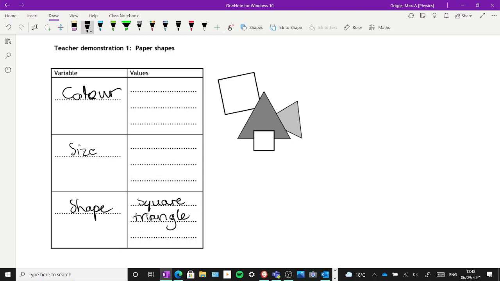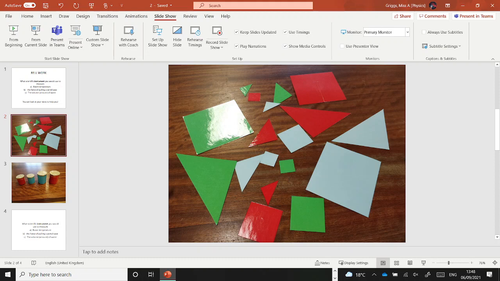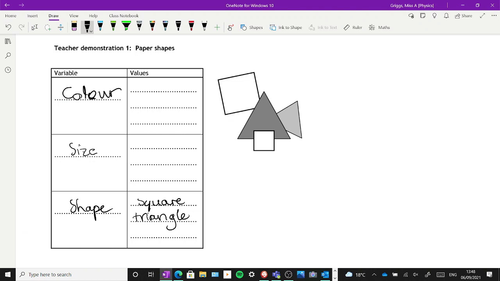Okay. What about colour? Perfect. So colour, our values are blue, green, and red.